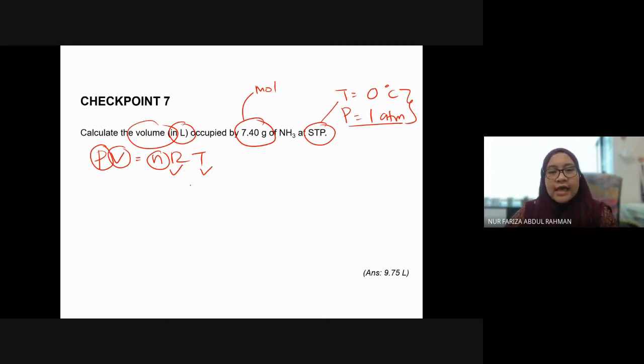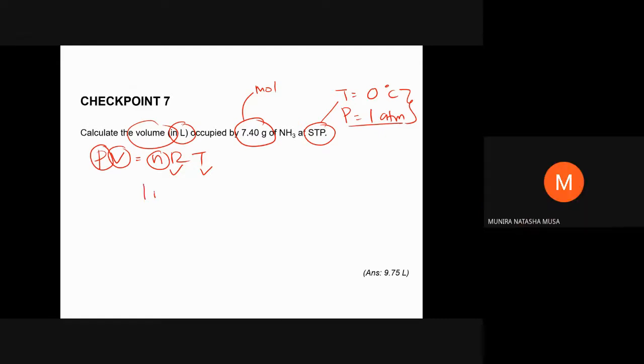At STP, we know the volume for 1 mole of gas, in this case NH3. What is the volume for 1 mole of gas at STP, guys? 22.4. All right, thank you.